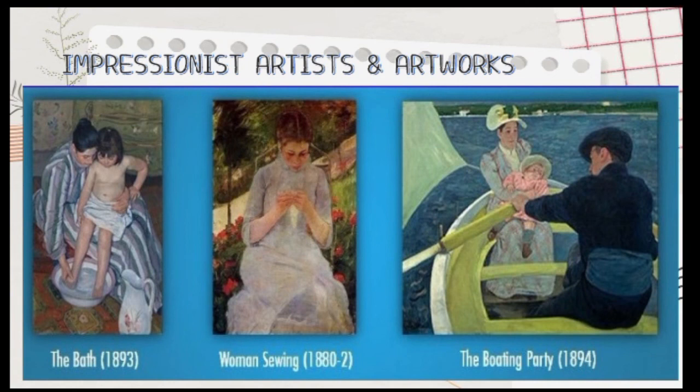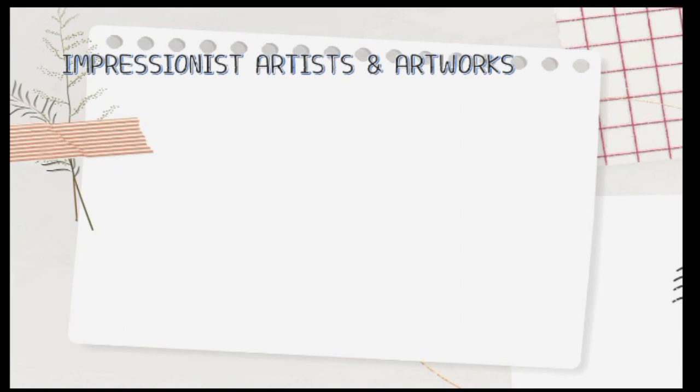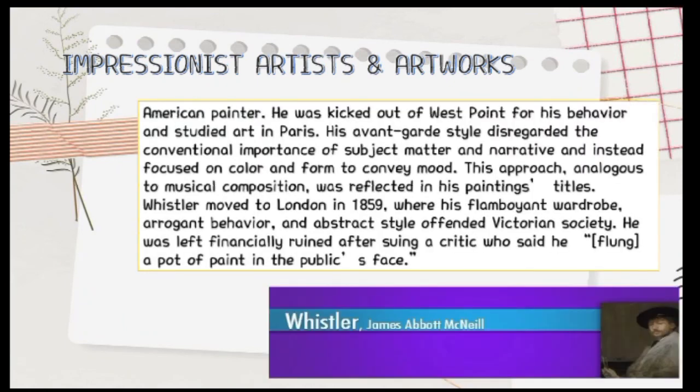The next Impressionist artist and artworks, James Abbott McNeill Whistler. American painter, he was kicked out of West Point for his behavior and studied art in Paris. His avant-garde style disregarded the conventional importance of subject matter and narrative and instead focused on color and form to convey mood.